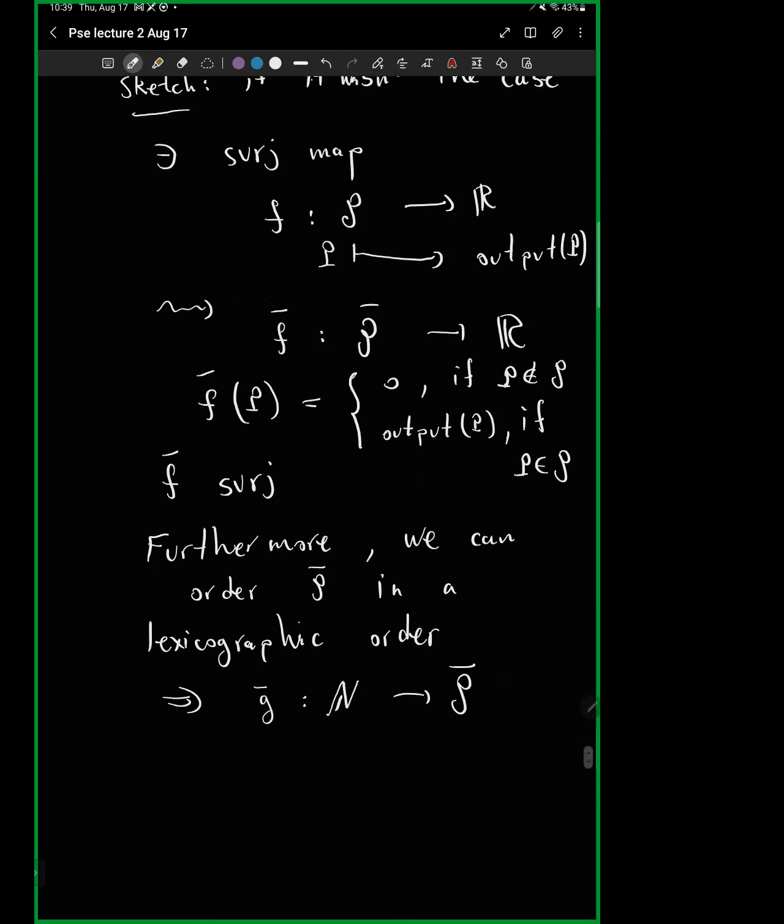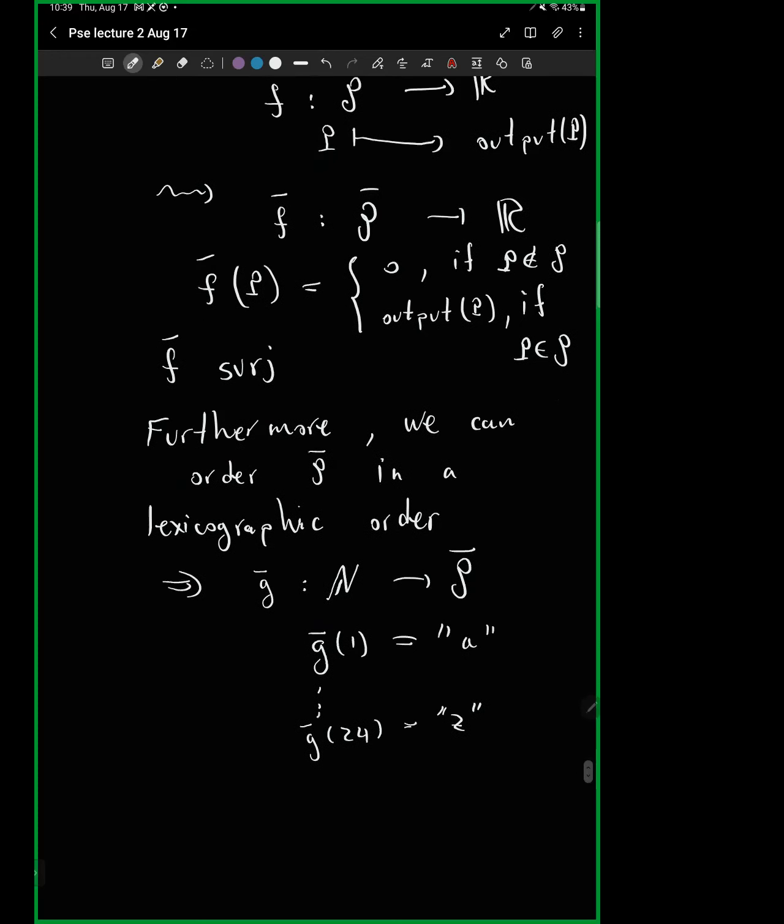For example, you could do that G of 1 is the program that is simply the string A, up to G of 26, which would be Z. And then G of 27 would be AA. And so on. And this map is clearly surjective.